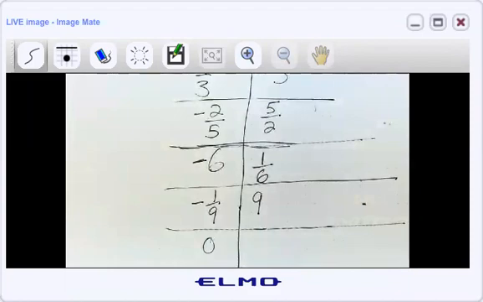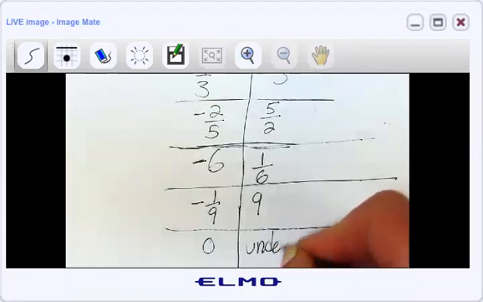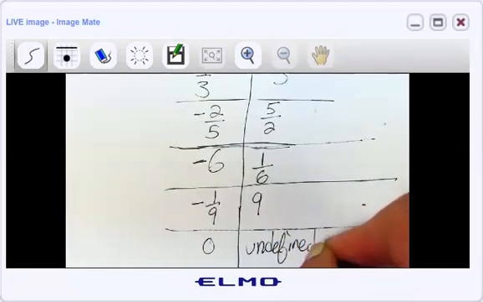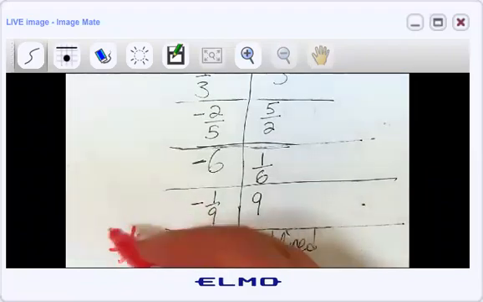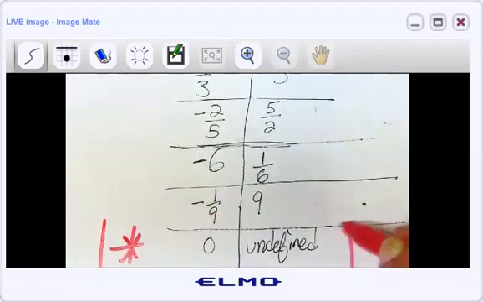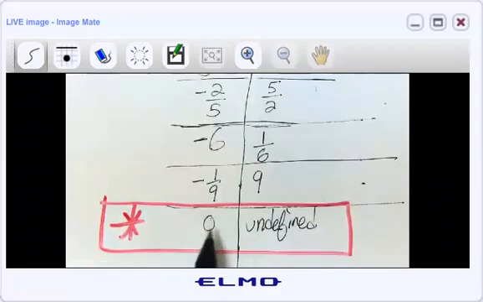Yes, it is undefined. This is sort of a weird case, so I want you to put a star and highlight this example here. These two go together for perpendicular. If one of them is 0, the other one is undefined.